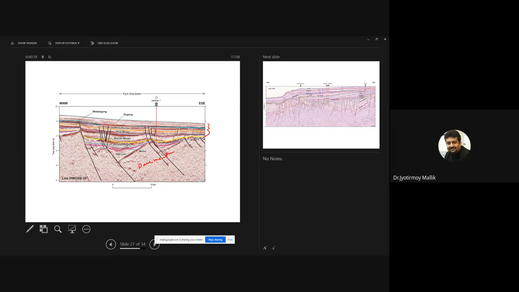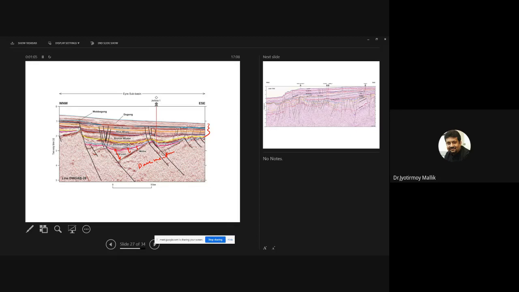You can also observe some sort of growth happening here too. You can see that the sedimentary thickness increases, decreases as we are moving away from the fault, and this happens because of syntectonic sedimentation. Okay, we said growth is due to syntectonic sedimentation.